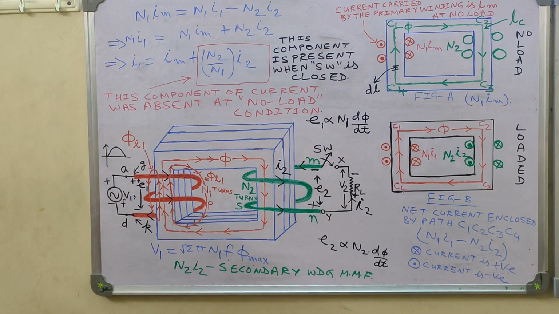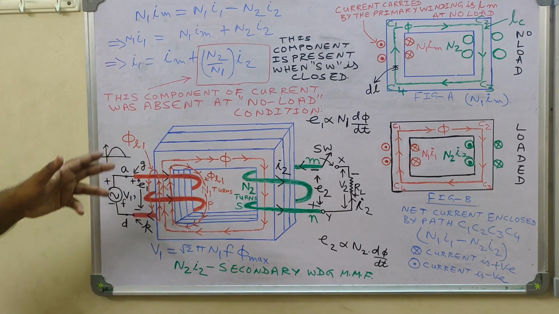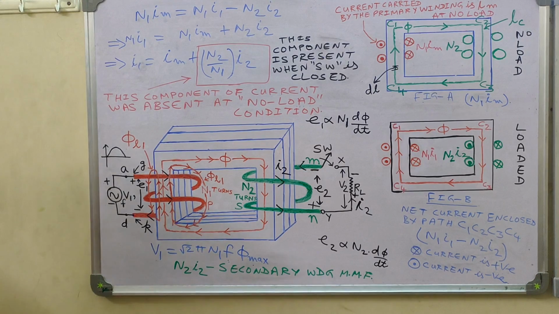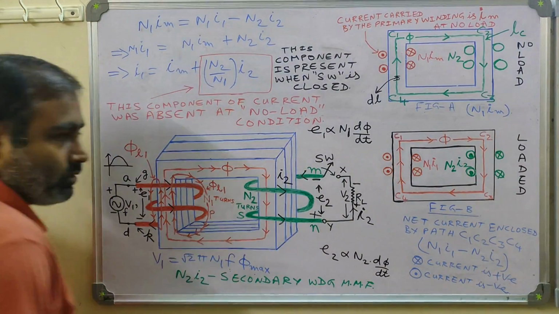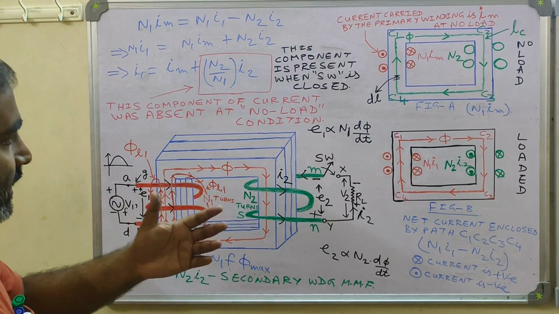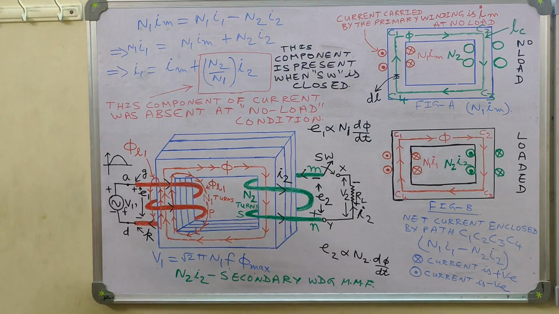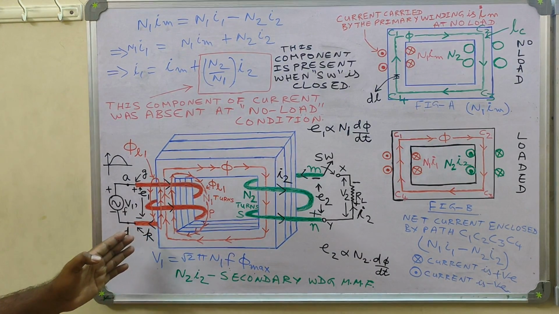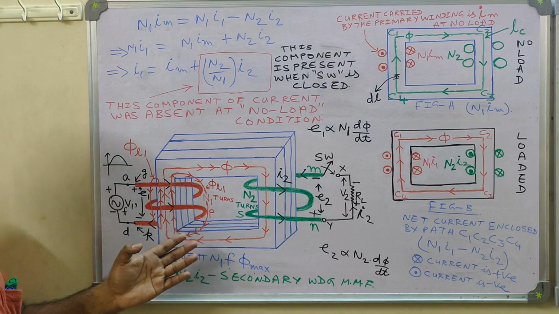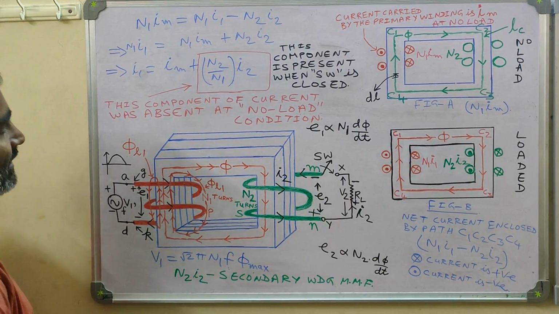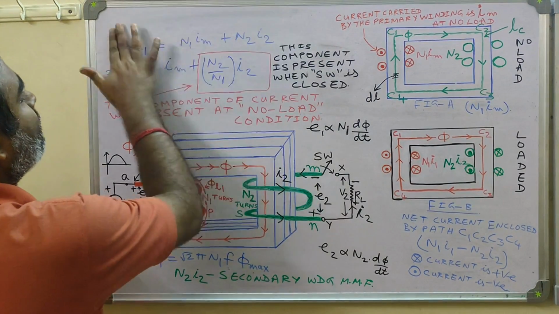So you can just equate this. Let's say I1 dash is that component of current which is drawn by the primary winding in order to neutralize or cancel the demagnetizing effect of secondary MMF.